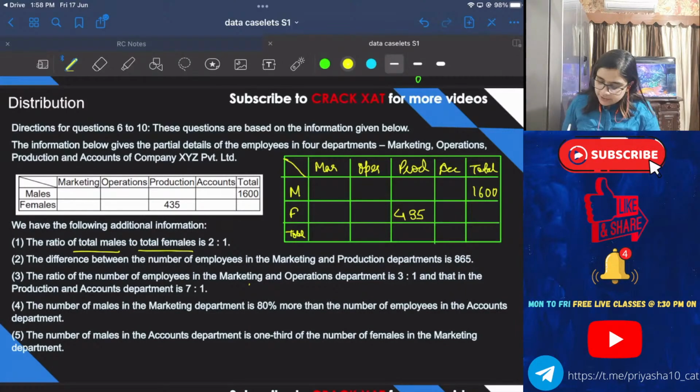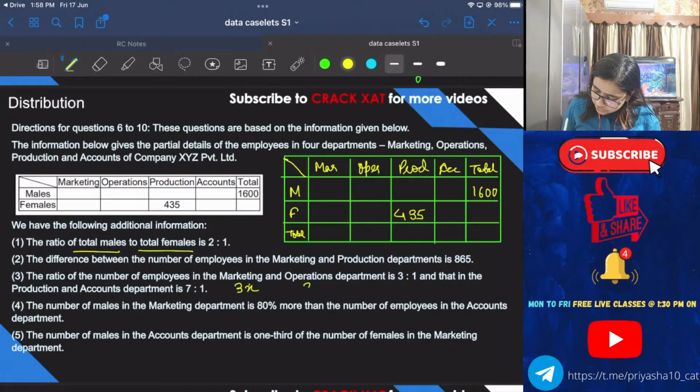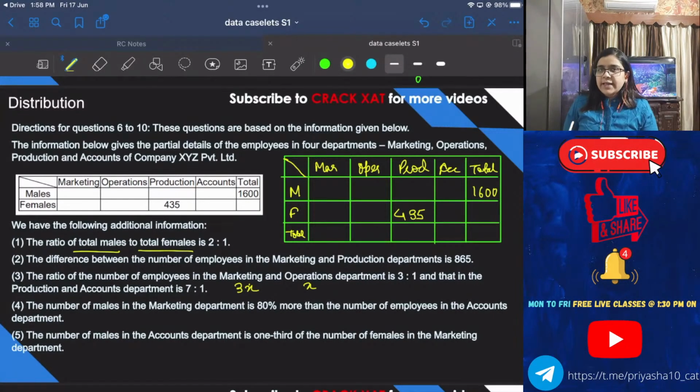So, with this information, can I say that marketing and operations are in the ratio of 3x is to x? Yes. And can I say production and accounts department is in the ratio of 7y is to y? Why y? Because of course the ratio would be different, right?